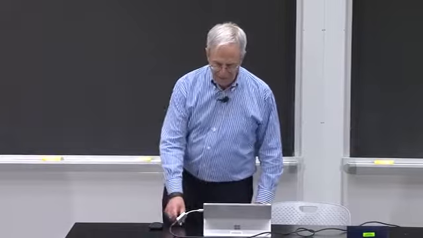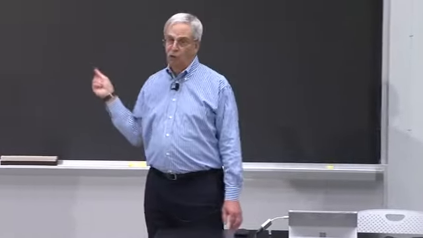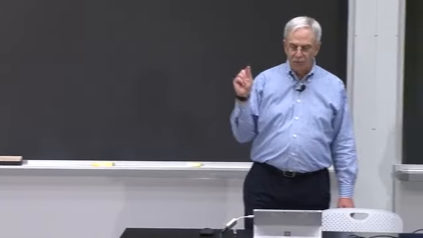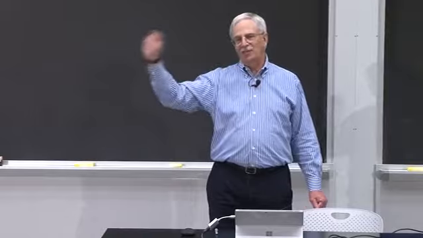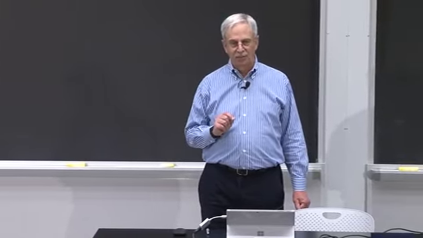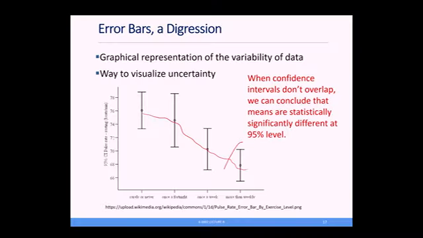The thing we can say is that if the confidence intervals don't overlap, we can conclude that the means are actually statistically significantly different, in this case at the 95% level. So here we see that the more than weekly does not overlap with the rarely or never.